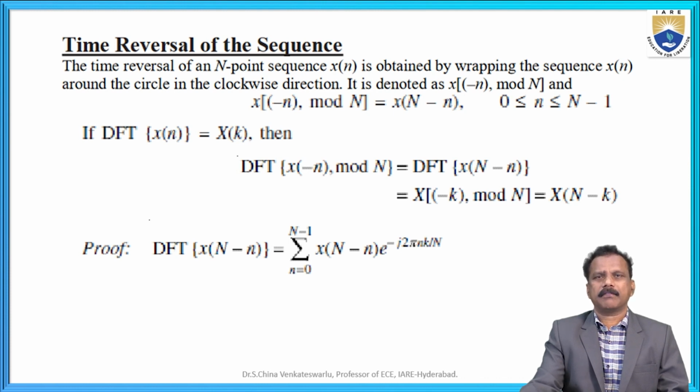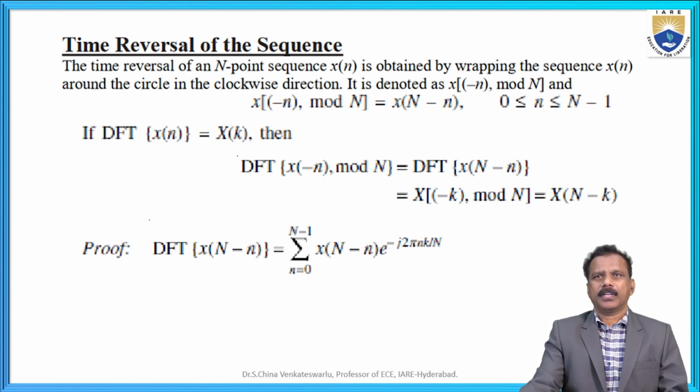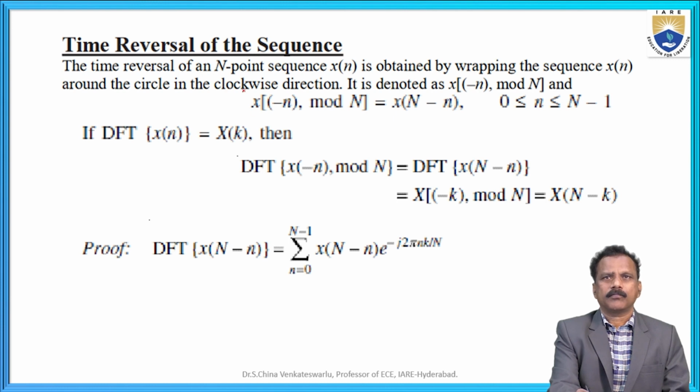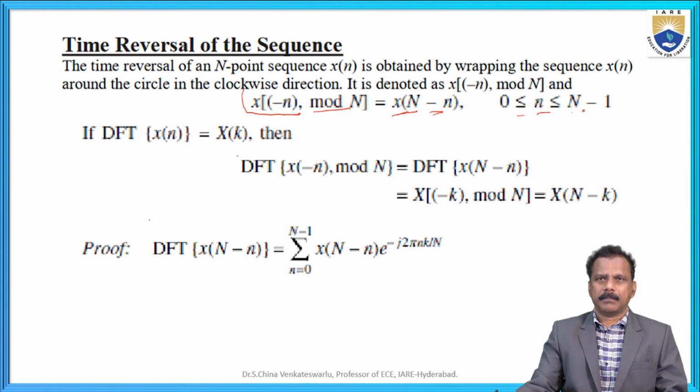The time reverse of the sequence. The time reverse of the N-point sequence x(n) is obtained by wrapping the sequence x(n) around the circle in the clockwise direction. It is denoted as x((-n) mod N), which is also equal to x(N - n), in the interval 0 less than or equal to n less than or equal to N - 1.